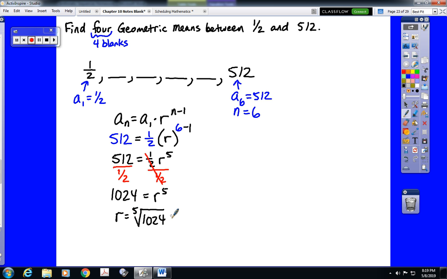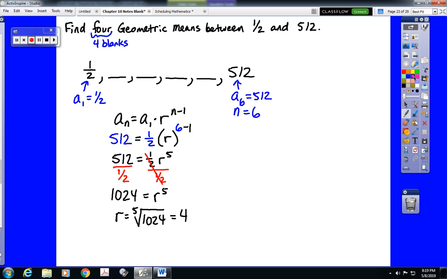So in this case, there is only one root. Now, for those of you who don't remember how to do the root on your calculator, you're going to put in the index first. So you're going to hit 5, then hit second caret to turn it into the xth root, type in 1024, and you will find out that the 5th root is 4.